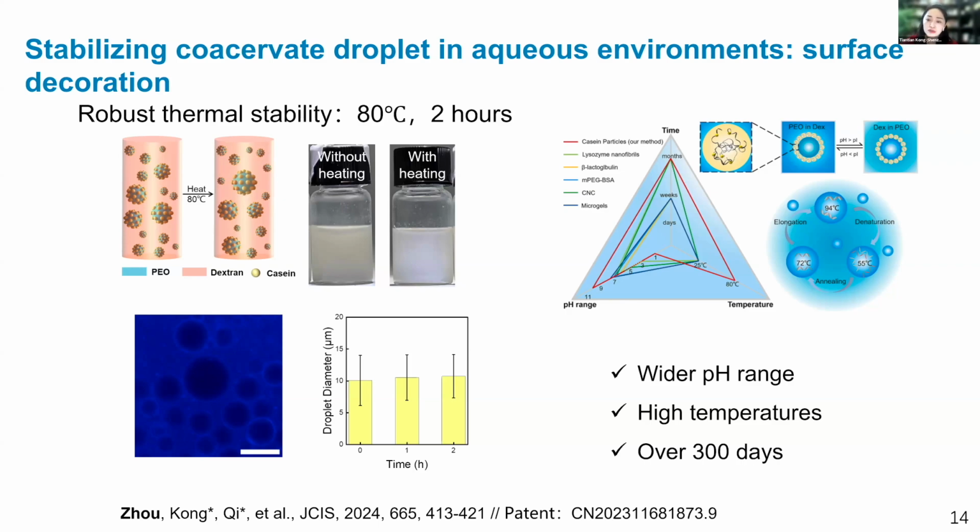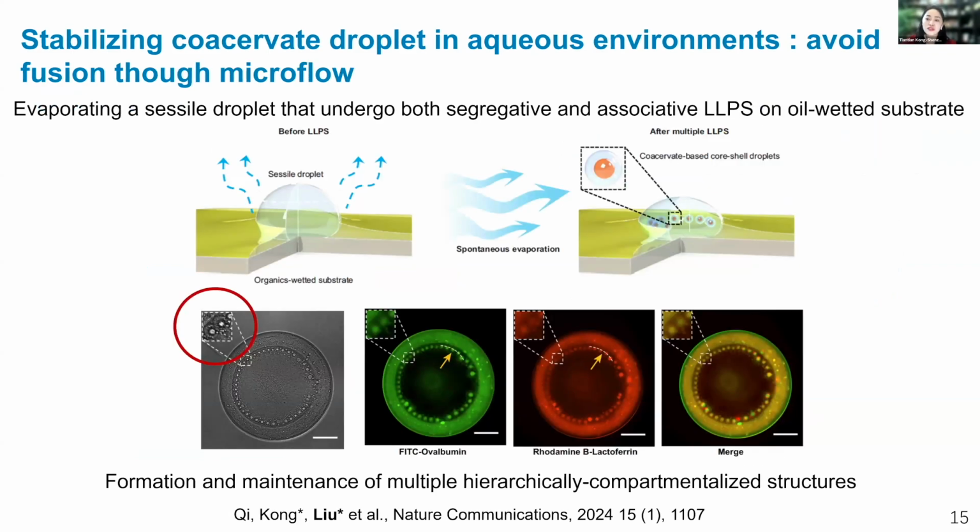Aside from protein decoration, we also like to show an unexpected way to stabilize water droplets without adding any extra stabilizers. We show here that microflows generated by evaporation can maintain separate coacervate water-in-water droplets. As you can see in the schematic, we place a sessile droplet on an oil-wetted substrate and simply let it evaporate.